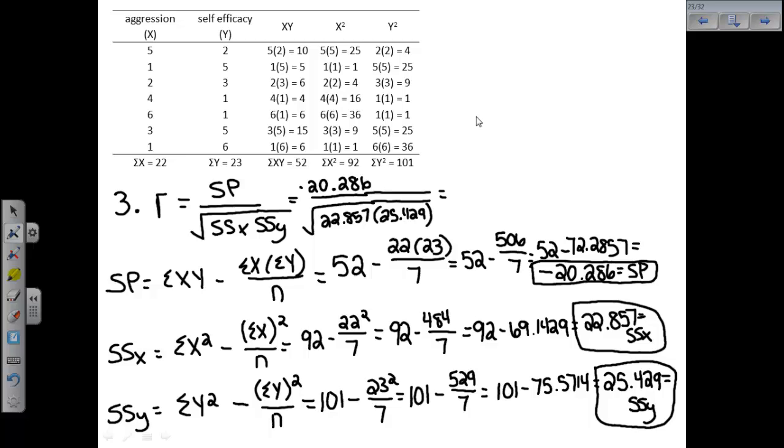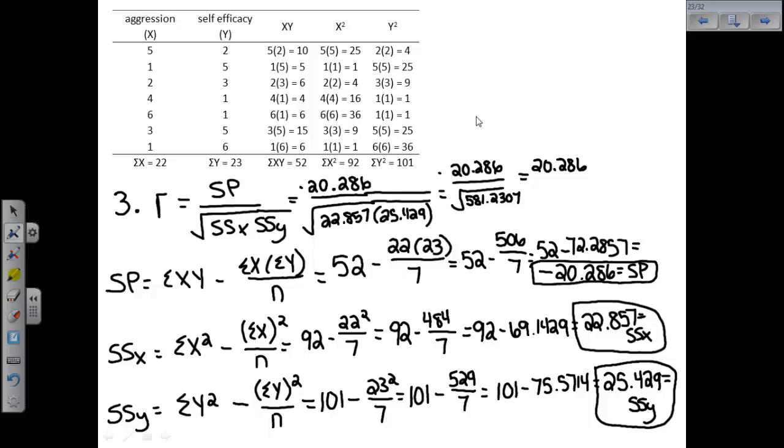This becomes negative 20.286 divided by the square root. So 22.857 times 25.429 gives me 581.2307.